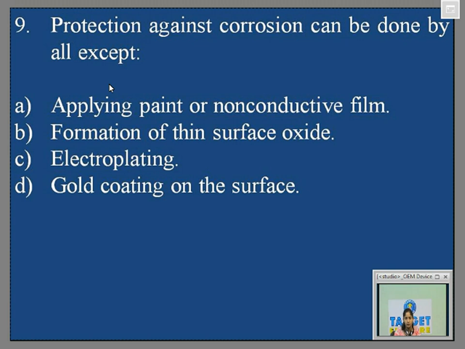You can apply a non-conductive film, you can apply thin surface oxides, you can do electroplating. These all will be able to protect a restoration against corrosion. The only option that is not is gold coating on the surface. Whenever a gold coating is applied, the only drawback is that it may get peeled off because gold is soft, the most ductile and malleable.